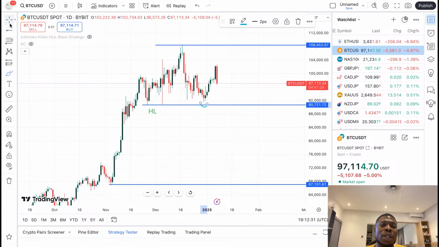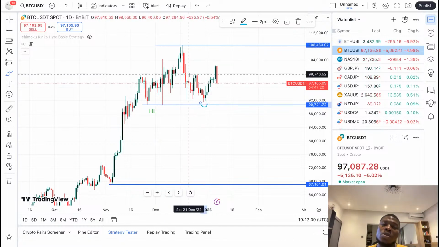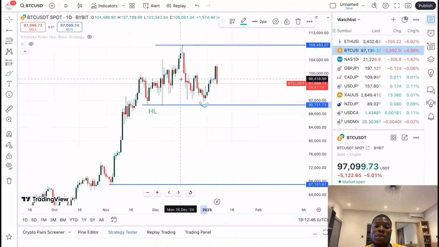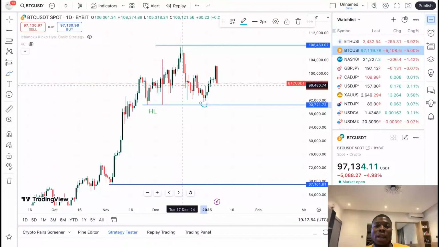So possibly any strategy you're using here that works in a trending market can actually work in this area. Mind you, whenever you're doing your analysis, it is not just focused on one particular strategy. You need to check a whole couple of things in the market. But I am telling you how to identify a trending market, so you know if the strategy you're using is for trending or for ranging market.